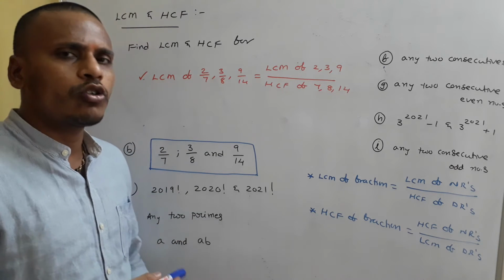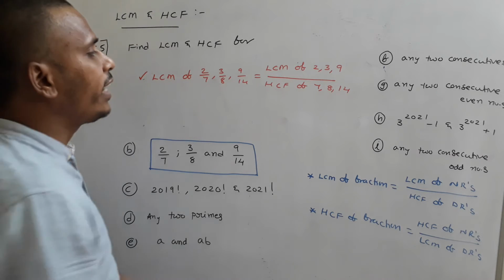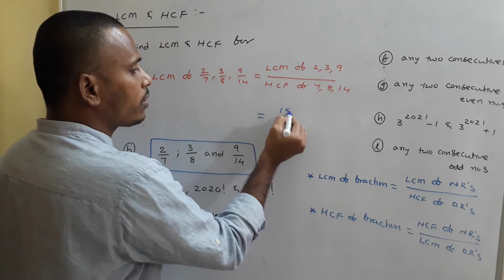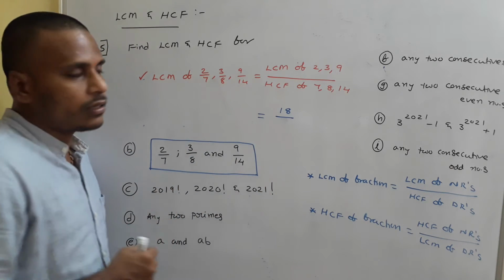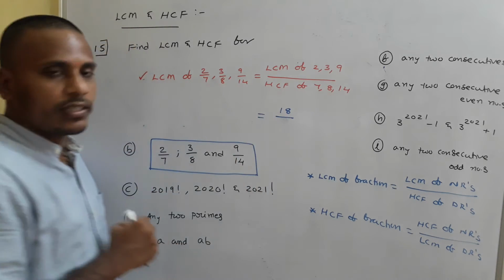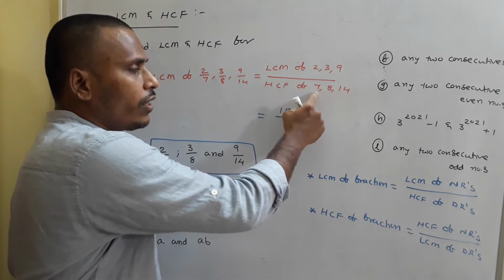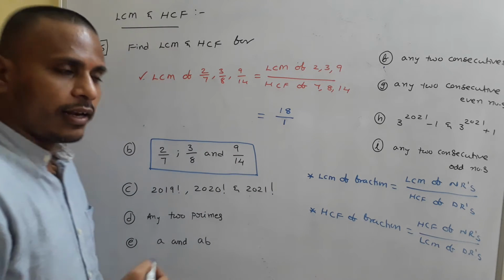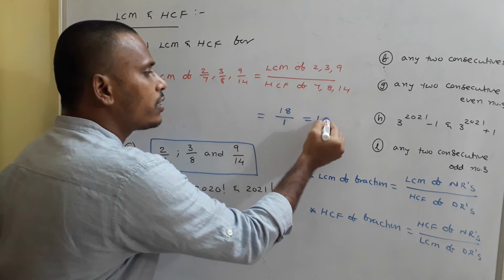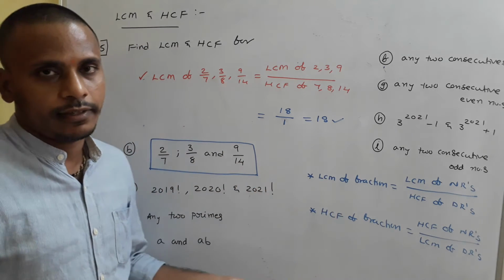We need to find the least common multiple. LCM is 18 for those three numbers. Coming to HCF, what is the common factor? 7 has only two factors, 1 and 7. Since we are searching for the common factor, 1 is common for everything, but 7 is not common. So HCF of these three numbers is 1, and 18 by 1 is 18. So LCM of these three fractions is simply 18.